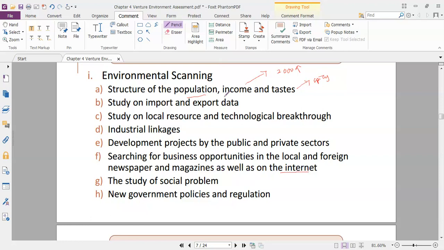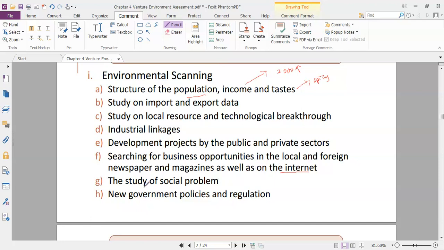So to scan the environment in Port Dickson, you can search on the internet, for example. What is the most popular thing in Port Dickson? Of course, the beach. The beaches there will attract local people and also foreigners, right? So what is the best business that you need to have?